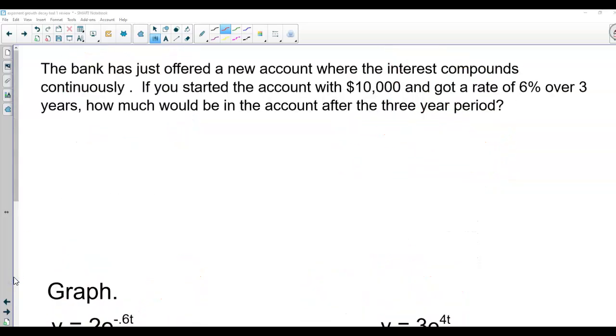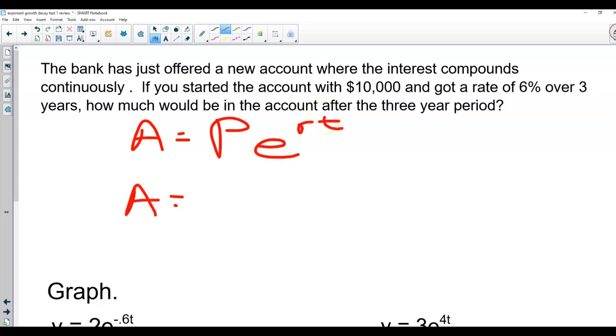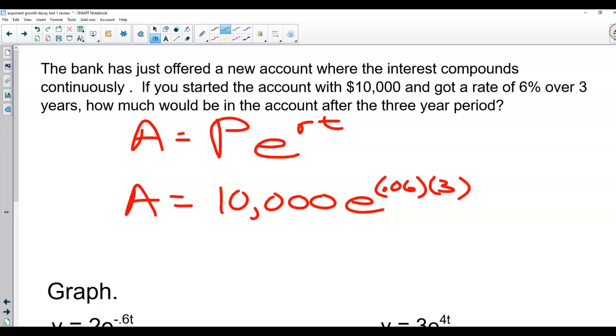If you're being asked about something that's compounding continuously, the amount A is equal to, we call it the principal P instead of initial amount, but the principal e raised to the rate times time. This we are straight up plugging into our calculator. 10,000 times e, the rate is 6% over 3 years.